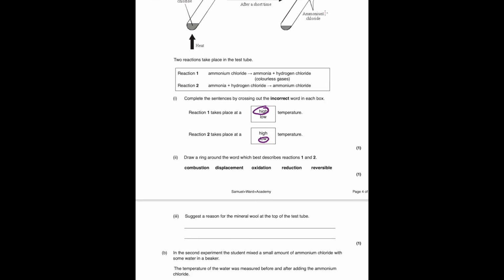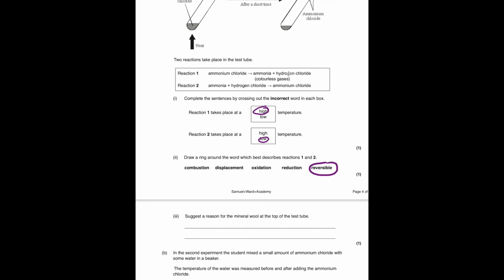Part 2, I think we got a bit confused by this one because we thought about the heat and we thought about combustion and oxidation being things where we would normally heat substances in oxygen for a combustion reaction or combining oxygen in an oxidation reaction. But actually, it is talking about a reversible reaction because it's exactly the same reaction.